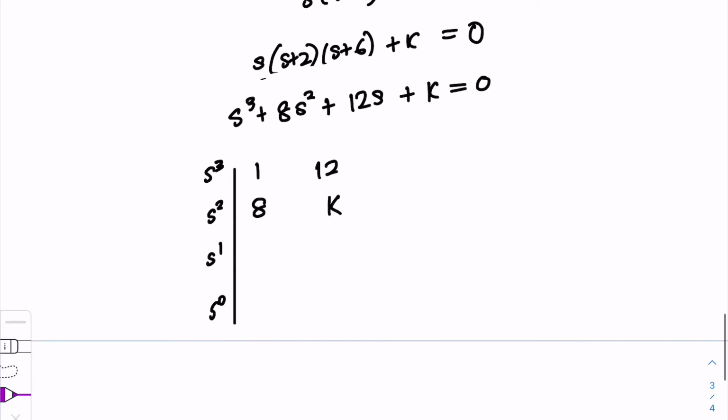So that will be the one that I'm going to put at s to the power of 1. 8 multiplied by 12 is 96, minus K, divided by 8. The next element will be 0 because I have 8 multiplied by 0 minus 1 multiplied by 0, so that will definitely give me 0.